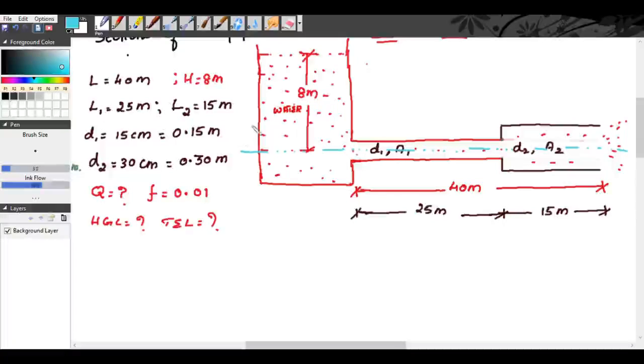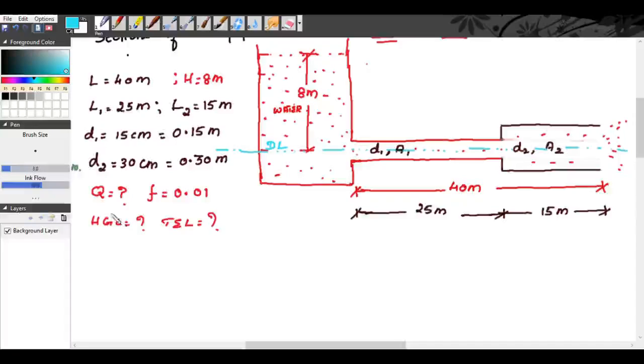Let us take this as the datum line. So we are considering a datum line along the center line of the pipe.